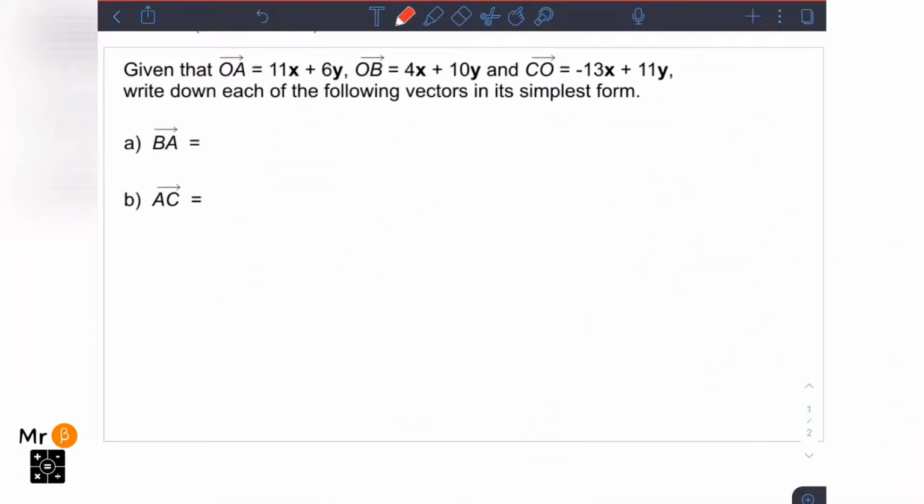Our final question, question 4, again doesn't have a diagram. So the first step you will need is to draw this diagram. So again, starting at O, I'm going to go across by 11x and I'm going to go up by 6y.